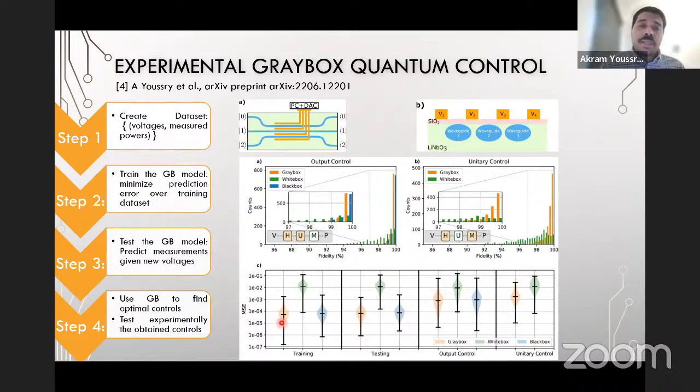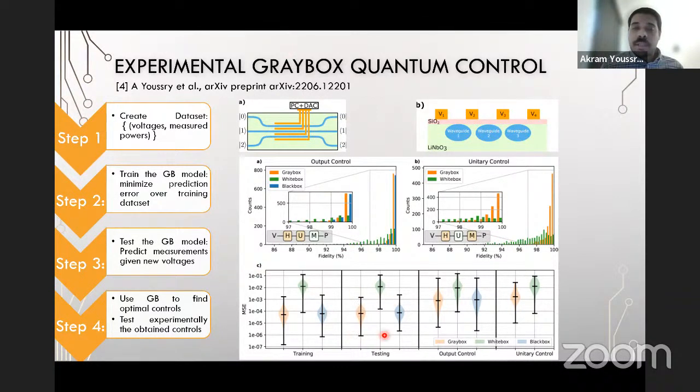The MSE is the mean square error, the error between the prediction and the actual measurements. We see that the gray box and the black box have low MSE, so they could make good predictions, but the white box is not. This is an indication that the equations that we use in a pure white box do not match the reality of the device.